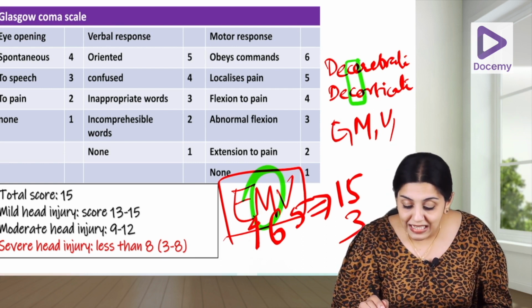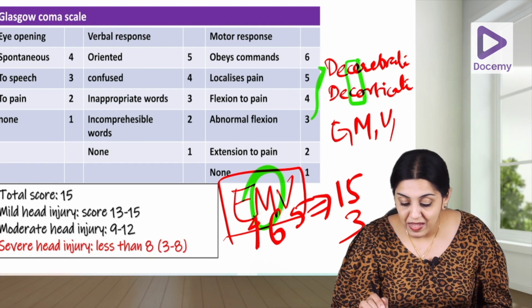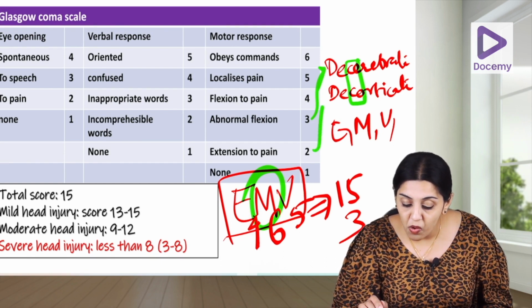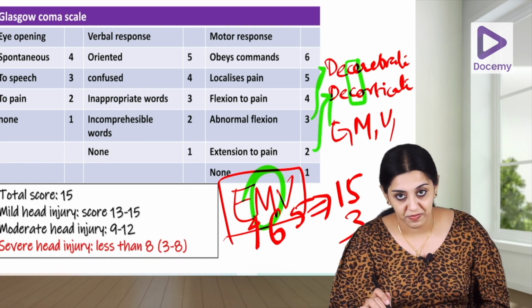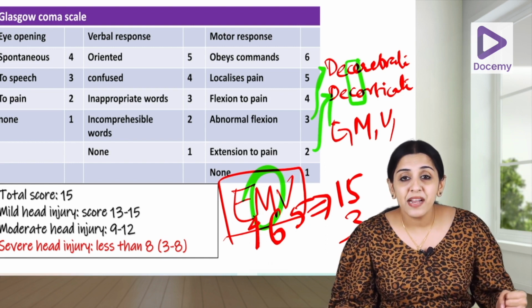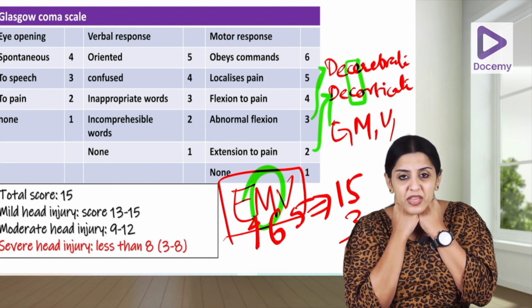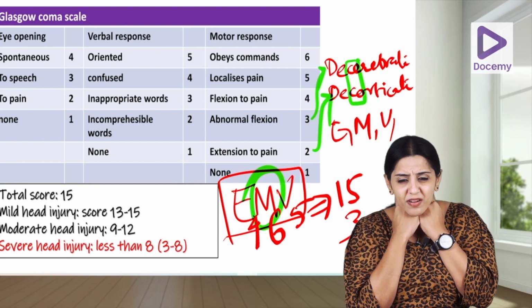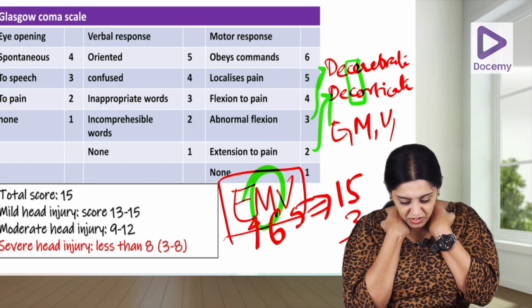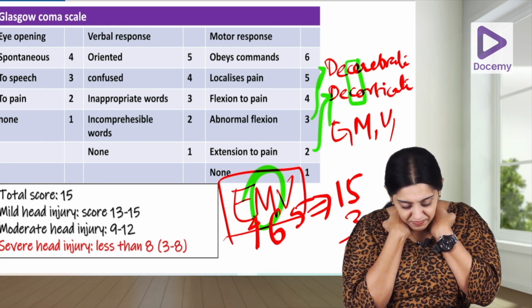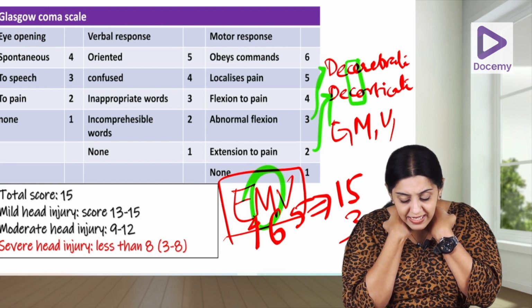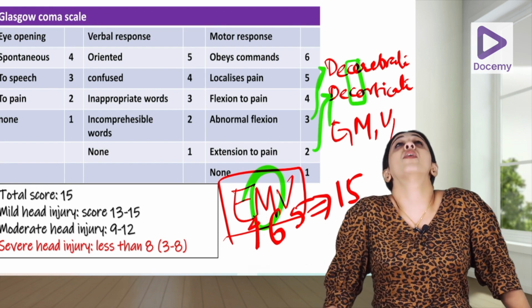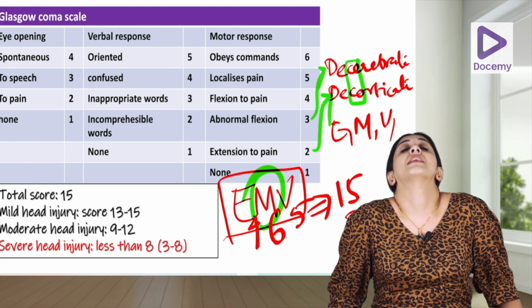So CE is abnormal flexion and CO is abnormal extension. Decerebrate rigidity is like this: abnormal flexion, all possible joints are flexed, and CO, or decorticate rigidity, is abnormal extension like this.